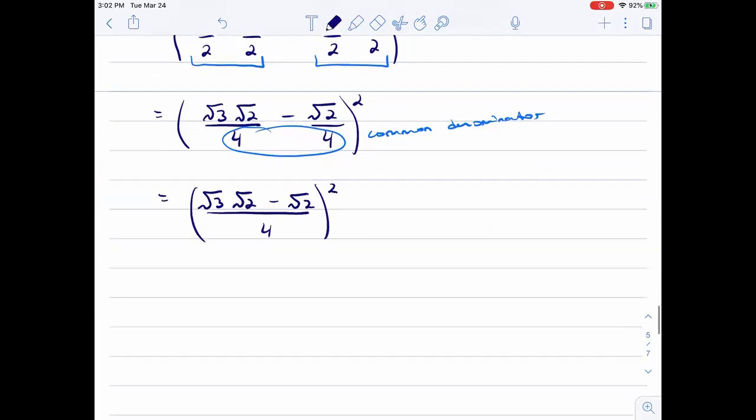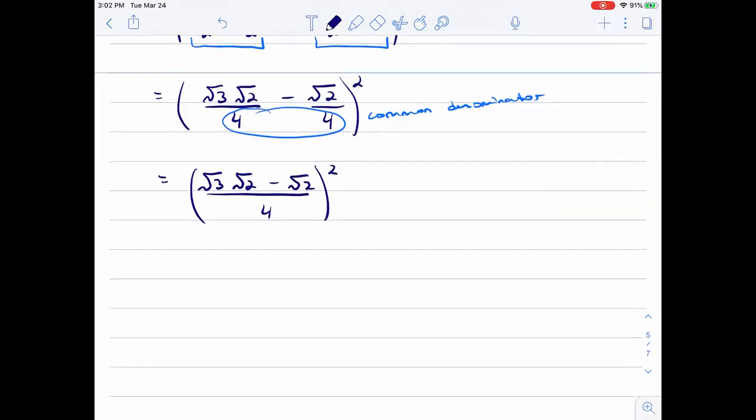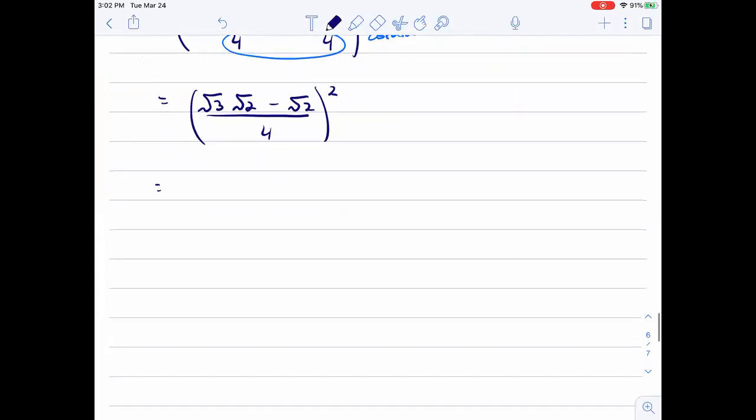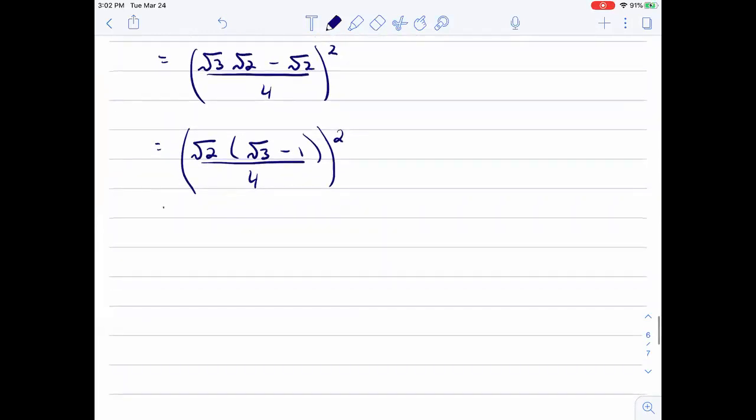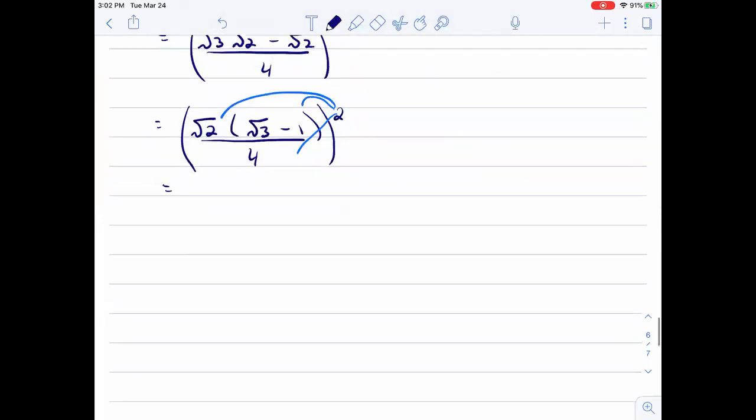What I'm going to do is pull out this common root 2 just to see if I can simplify it a little bit better. So I get a common root 2 times root 3 minus 1 over 4, squared. Okay. What I can do here is now pull this square inside, but I have to pull it on all the things that are being multiplied. So I get root 2 squared times root 3 minus 1 squared over 4 squared.